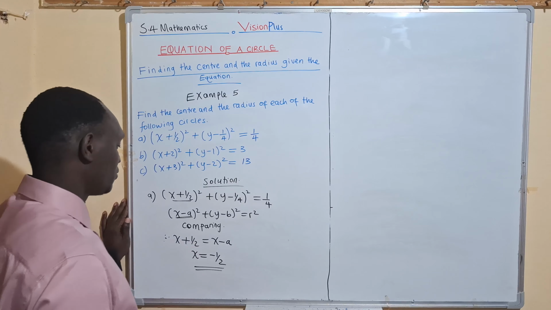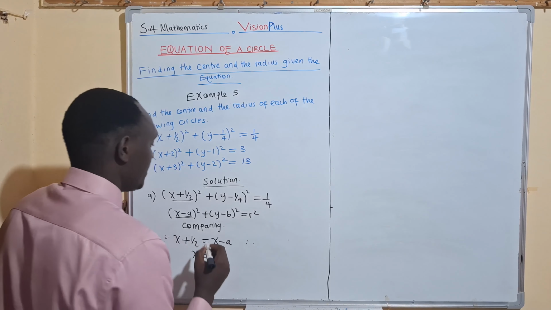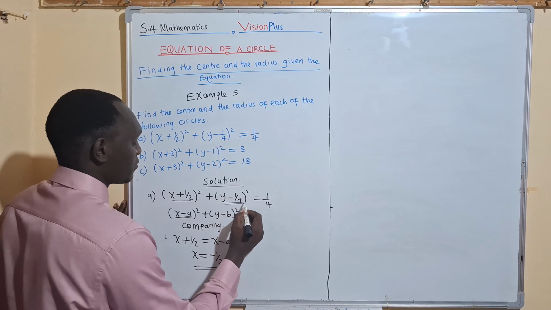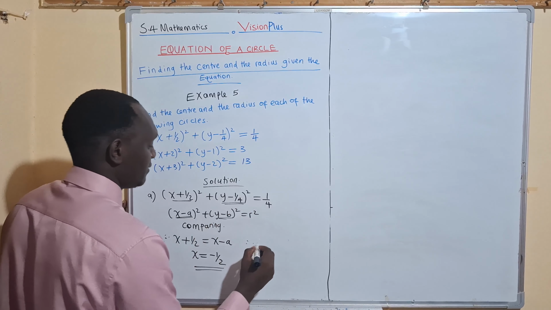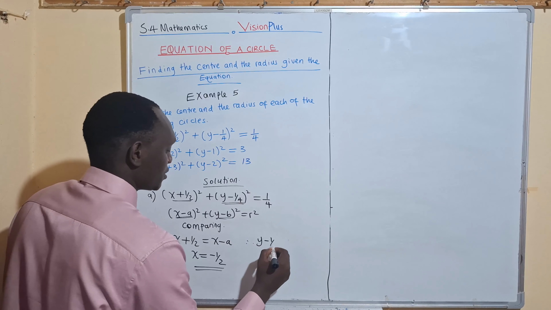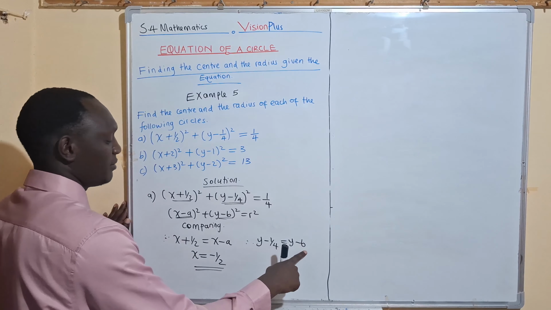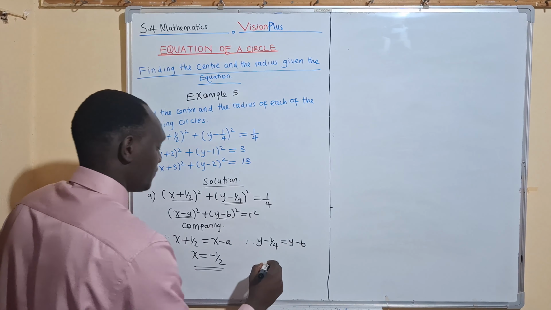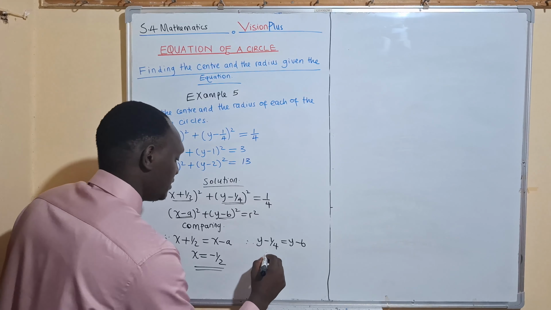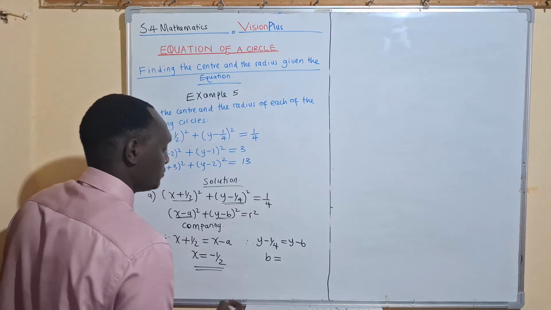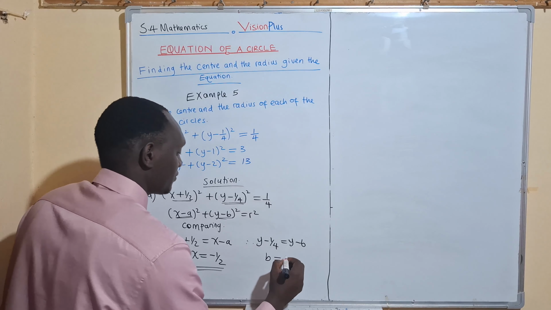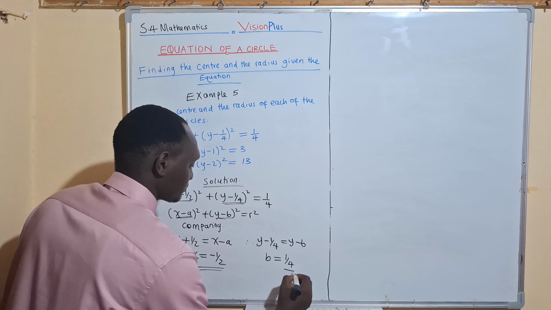In the same manner we go to b. On comparing, y minus a quarter is the same as y minus b, and then you make b the subject of the formula. You find that b equals positive 1 out of 4.